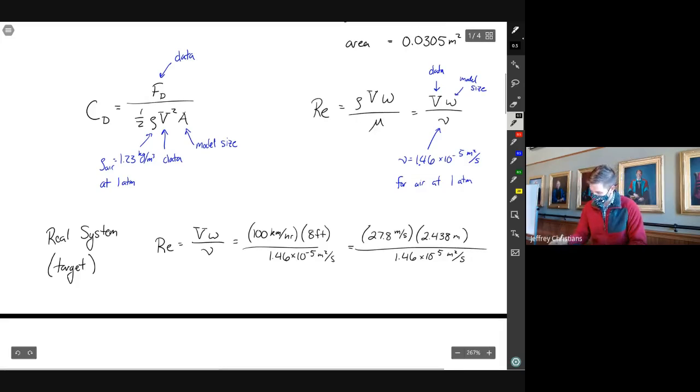0.46 meters squared per second. So the Reynolds number for the real bus is 4.6 times 10 to the 6.